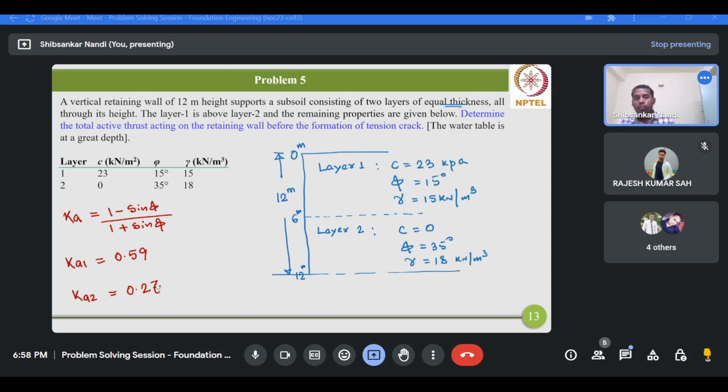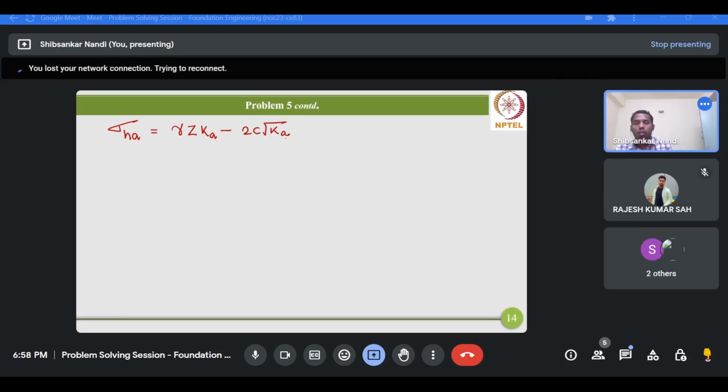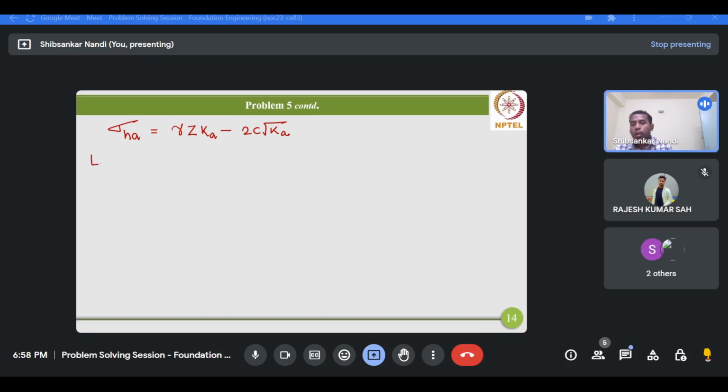Now we'll follow this active earth pressure distribution expression: sigma HA equals gamma Z Ka minus 2C root K. First of all we will consider layer 1.